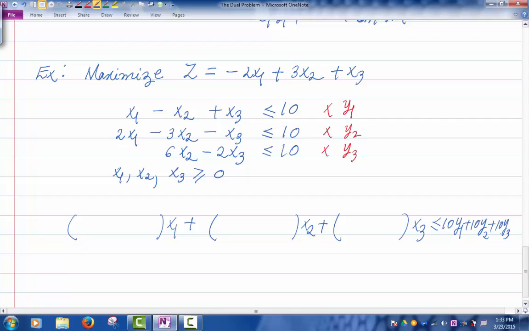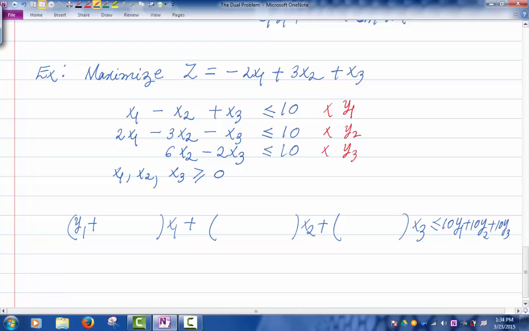Okay, what's the coefficient of x1? When you multiply the first constraint by y1, you are multiplying x1 by what? The coefficient of x1 is y1. You're multiplying the first constraint by y1, y2, y3, think of them as fixed numbers. So when you multiply x1 by y1, the coefficient of x1 is y1.